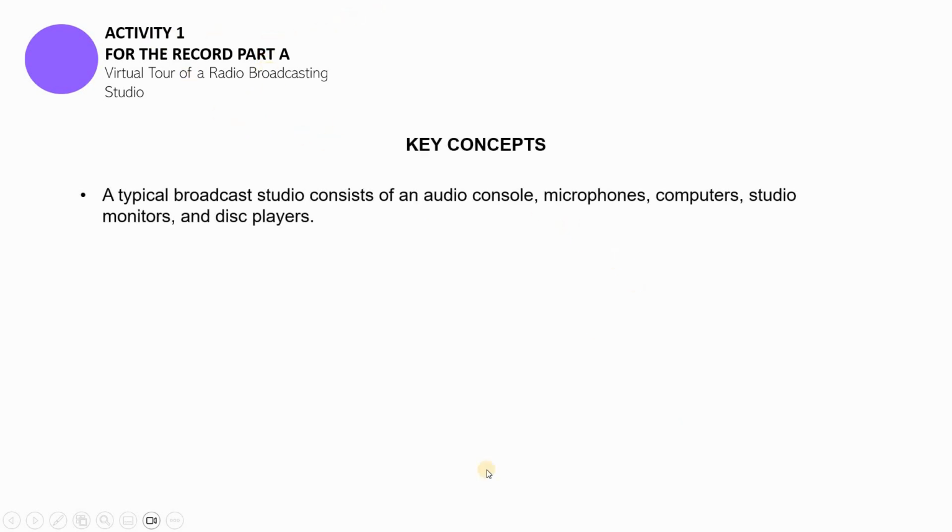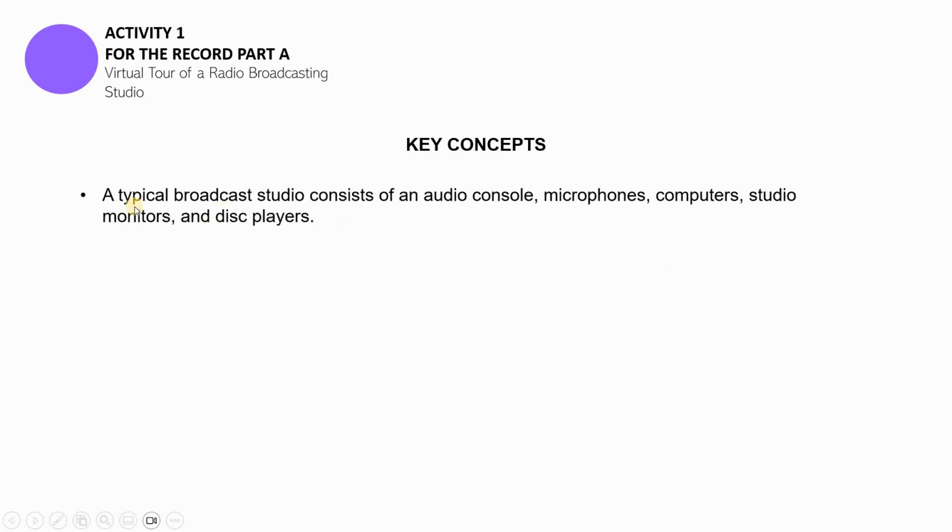Okay. Now, for this part of the activity, for part A, for the record, these are the key concepts. The first one, a typical broadcast studio consists of an audio console, microphones, computers, studio monitors, and disc players.